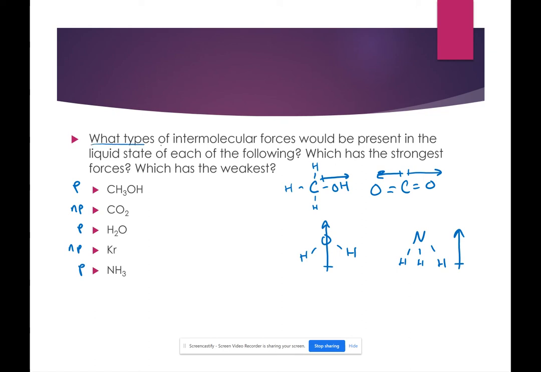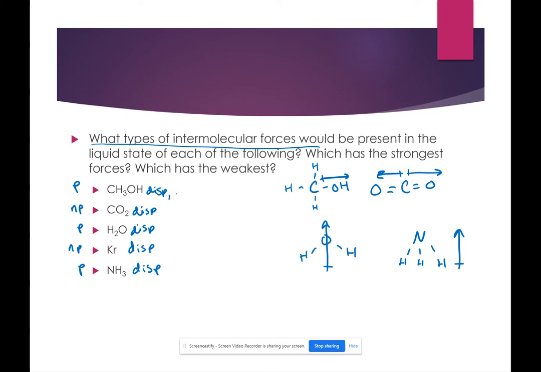So what types of forces are present? It's important to know if it's polar or nonpolar because that tells you what types of forces. Now, everything has dispersion forces, so they all have dispersion. But dispersion forces are the only forces that nonpolar molecules experience. So for the carbon dioxide and the krypton, that's it. That's all they have.